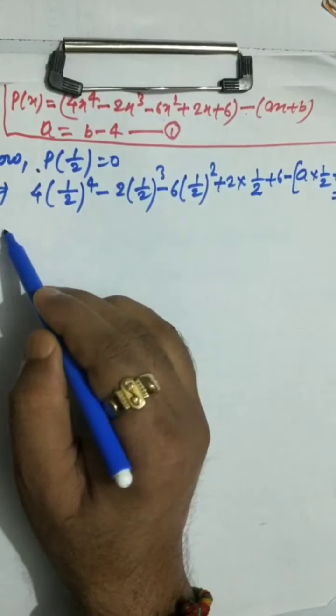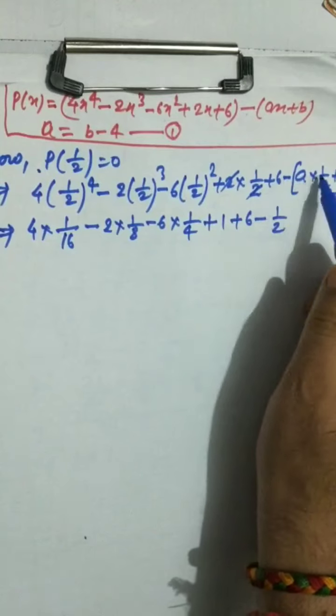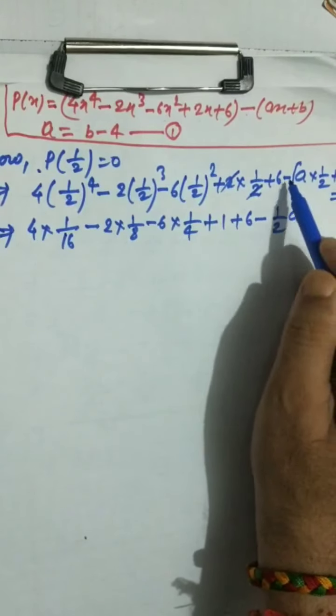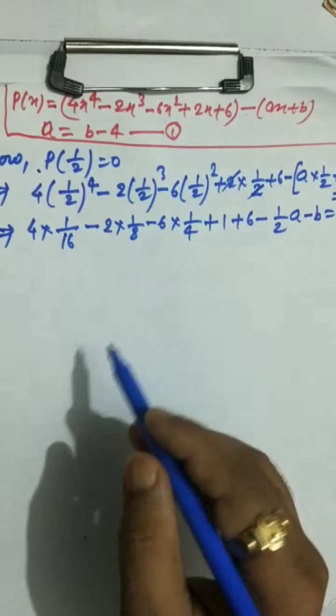So it will be 4 multiplied by 1/16 minus 2 into 1/8 minus 6 into 1/4 plus, these 2 and these 2 can be cancelled, 1 plus 6 minus 1/2 a, and minus plus b multiplied will be minus b is equal to 0.